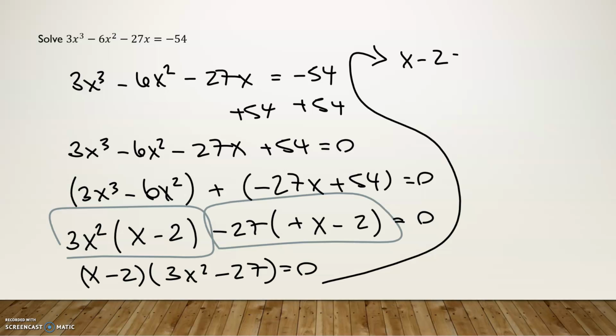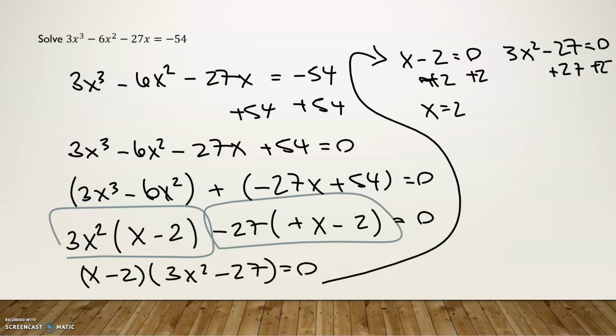Break them apart, set them equal to 0, and solve. So add the 2 over here, so x equals 2. Add the 27 over here, so 3x squared equals 27.